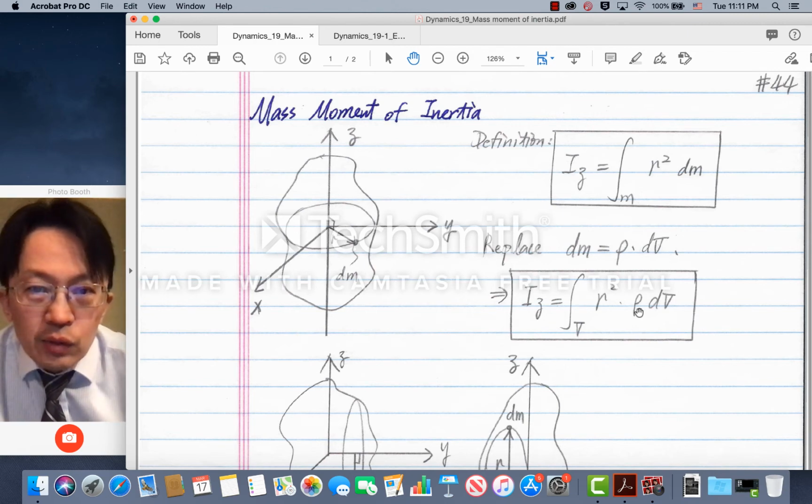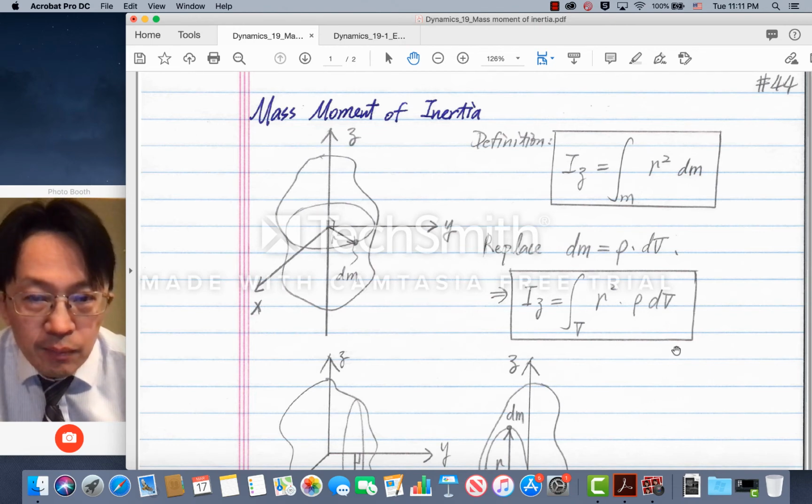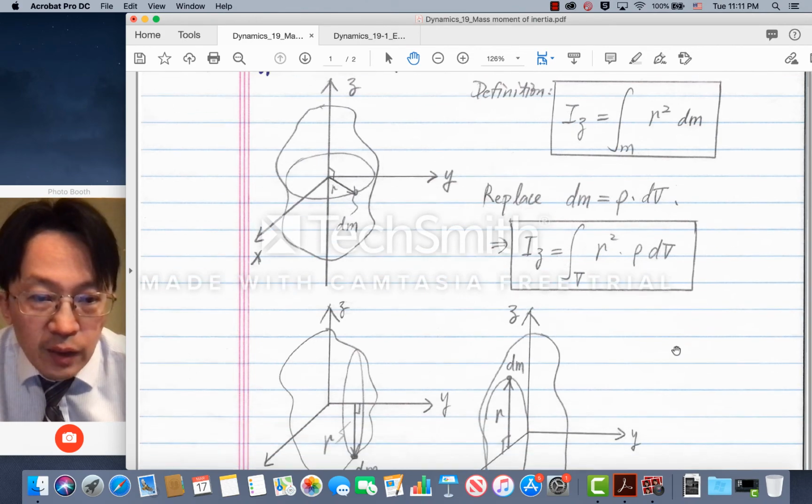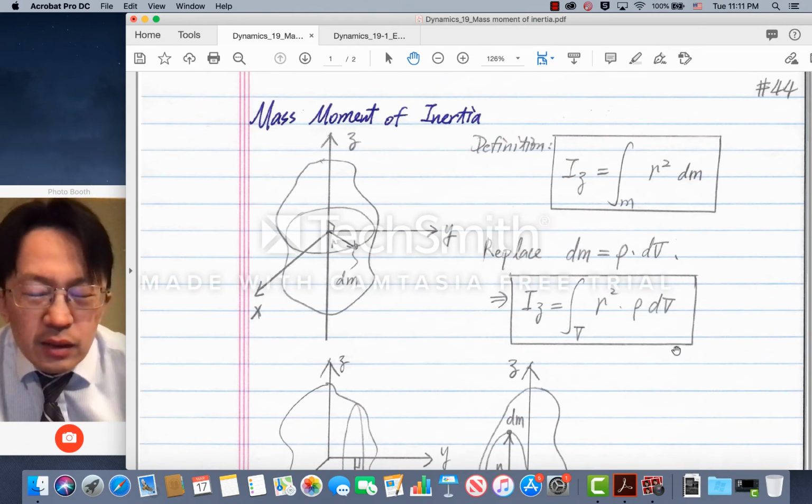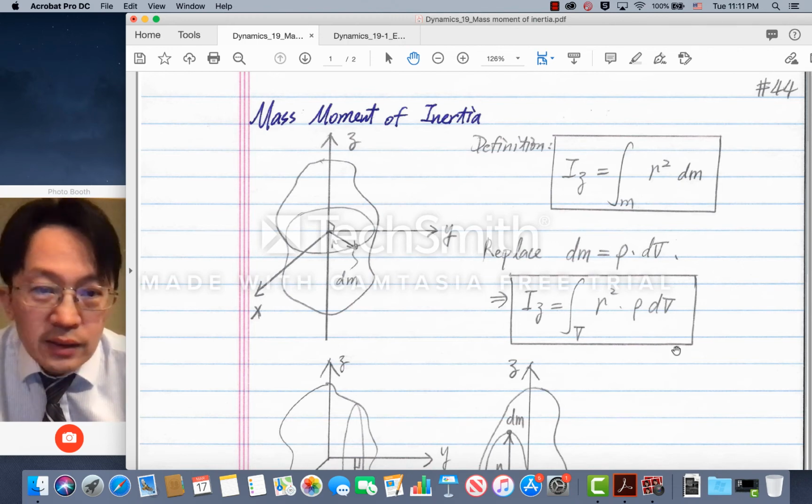And after introducing the mass moment of inertia definition, we know that mass moment of inertia must be calculated with respect to a selected axis. That means for a three-dimensional object, you may have three different values of mass moment of inertia with respect to three different axes. The only case that objects will have the same values of mass moment of inertia on all xyz axes will be the case of spheres.